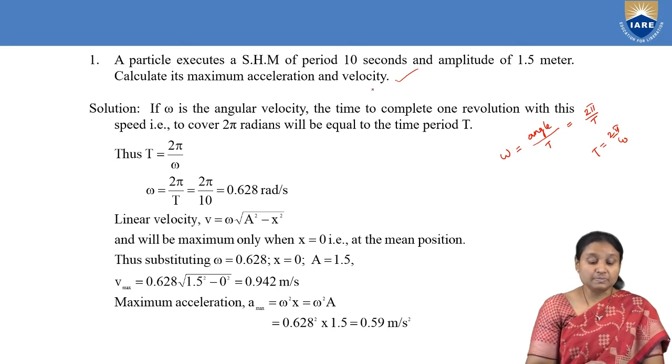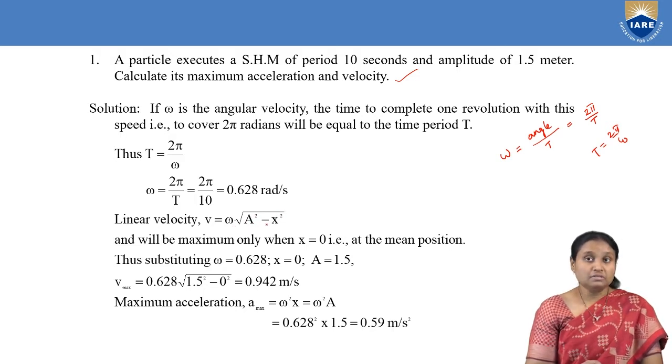But what is the expression for velocity associated with a simple harmonic oscillator? It is omega times the square root of amplitude square minus displacement square. But we were talking about the maximum value of velocity, and for the maximum value of velocity, we take x to be 0.